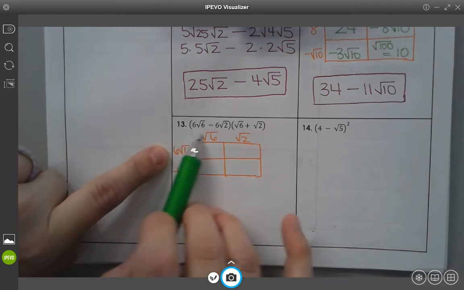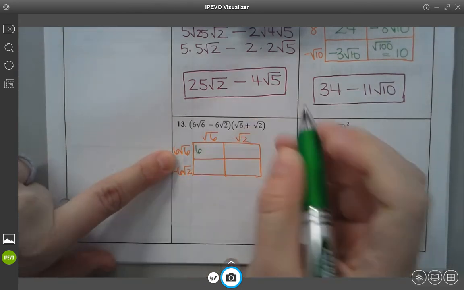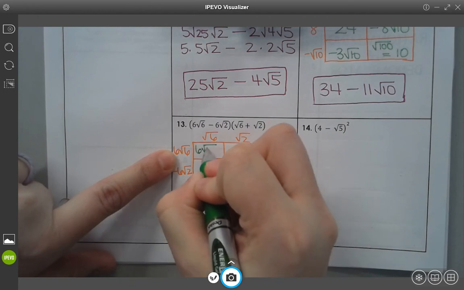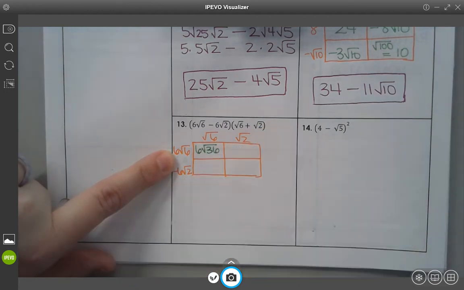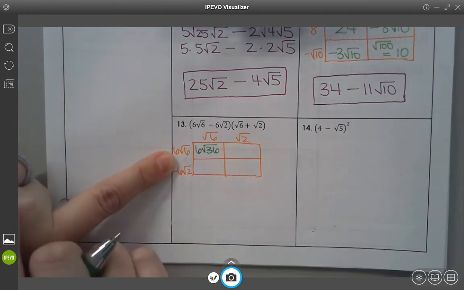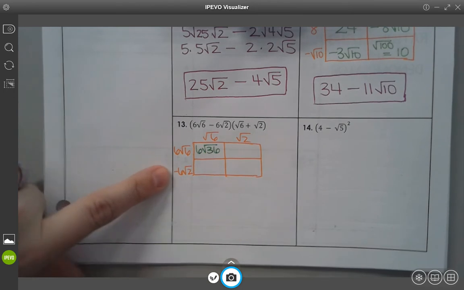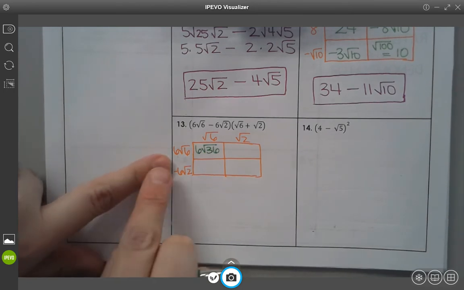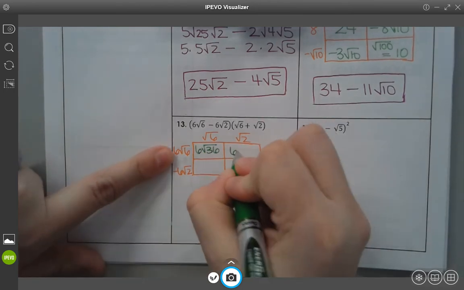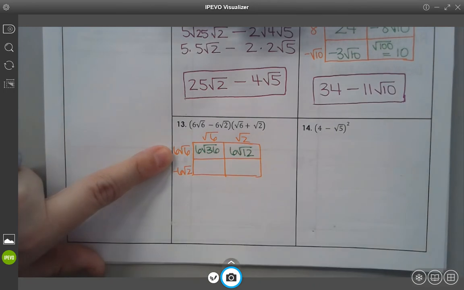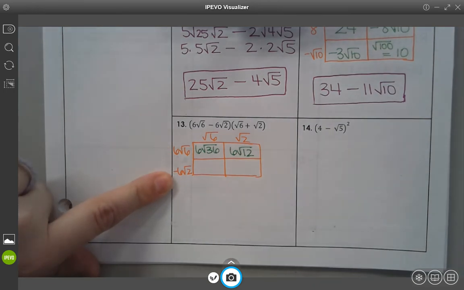This first box, when I multiply the outside numbers, that's just 6 square root of 36. I don't have enough room. I didn't leave enough room to simplify that, so I'll have to do it down here. This one, I would have 6 square root of 12.